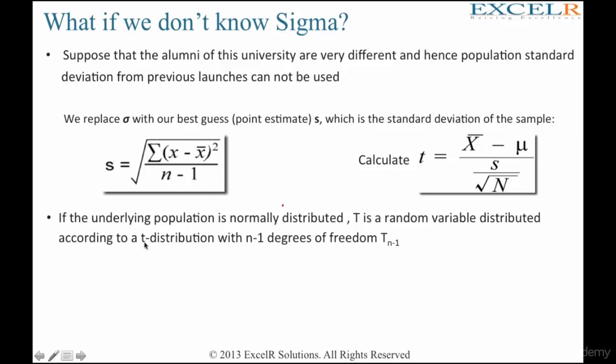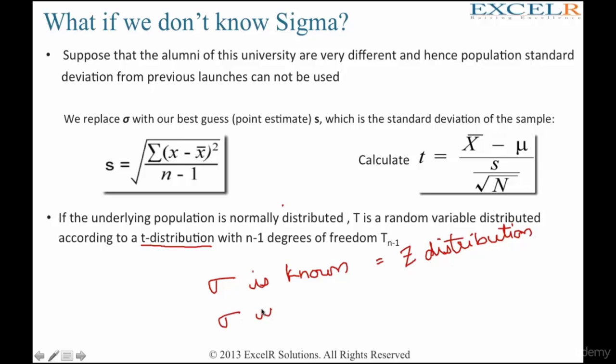So the T distribution would come in handy for us. So once again, I repeat, if sigma is known, until now we have used Z distribution to calculate the confidence interval. However, if sigma is unknown, you go with T distribution.